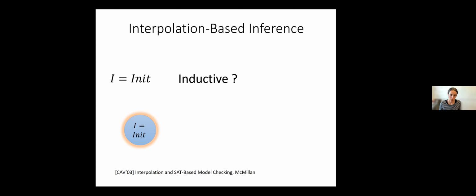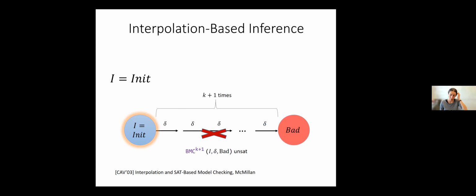The way in which it is done is we do a bounded model checking of k+1 steps, checking if from our candidate I, Init in this case, we can reach a bad state in k+1 steps of the transition relation. If this bounded model checking query is SAT, then we found a counterexample, there is no hope to find an inductive invariant, and we are done.